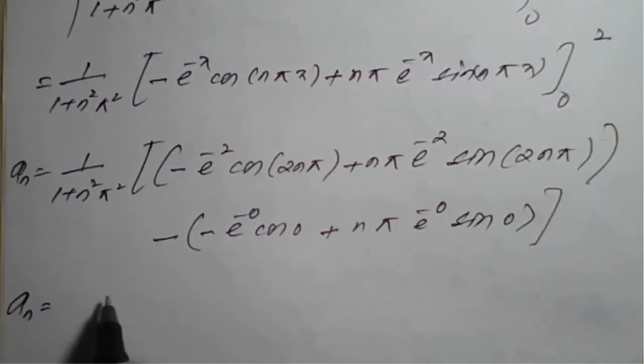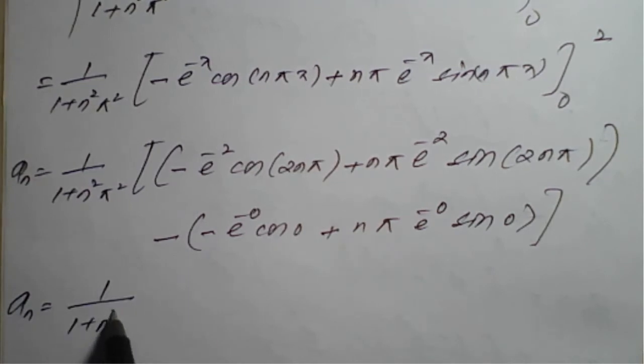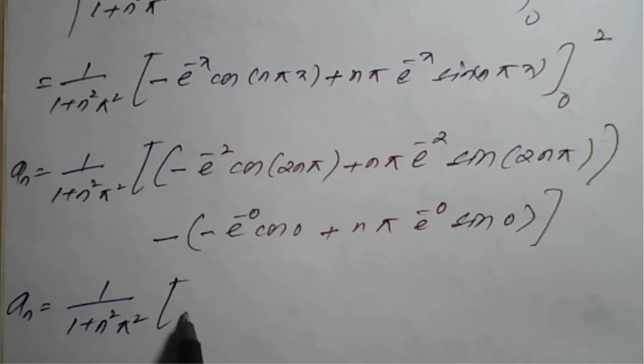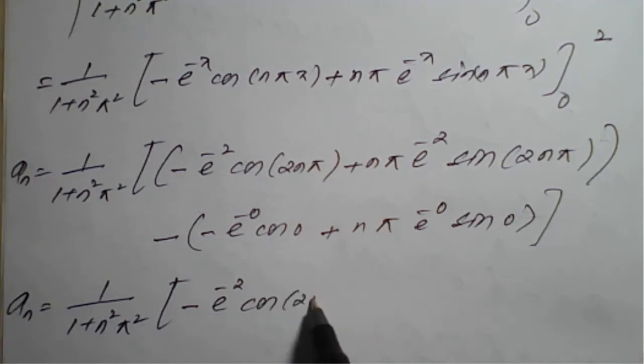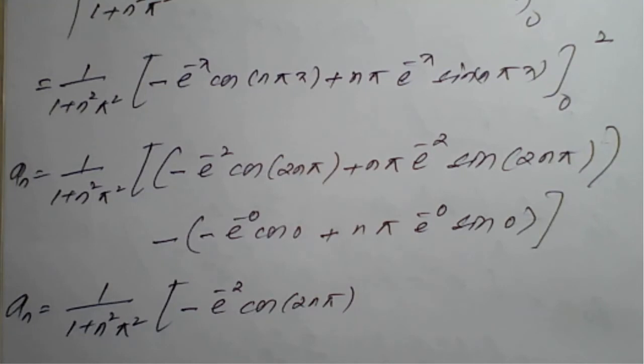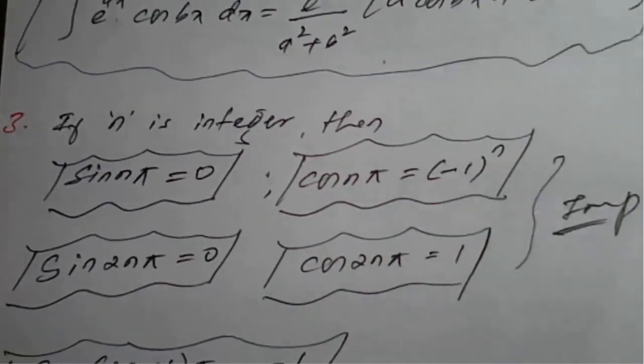So an is equal to 1 upon 1 plus n square pi square. On simplification, minus whatever terms are left, we will write it: minus 2 into cos of 2n pi, but as per the values, I will go back.